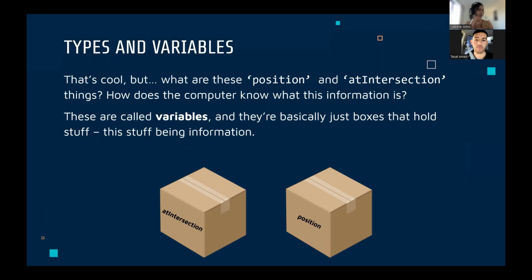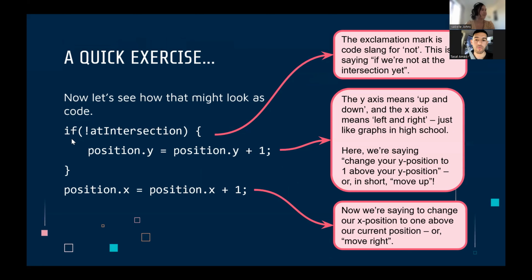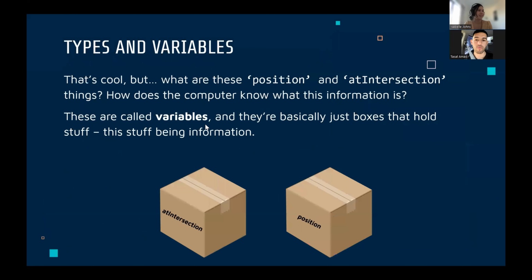So the reason why we have variables is, first of all, it's much nicer to read code that looks like this, that you feel like you can read as a person. I can read this and it reads out like if not at intersection. I'm like, okay, cool. That makes sense to me. So it's really nice that it helps us read code easier.